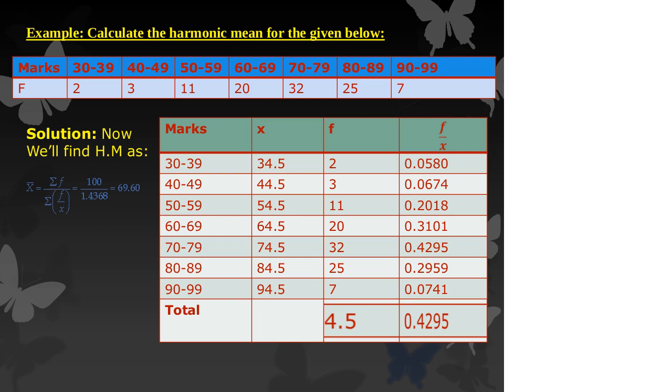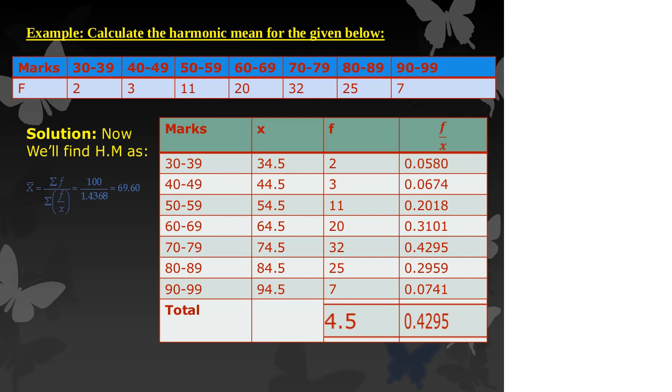Where we have 68, we call that the median class.